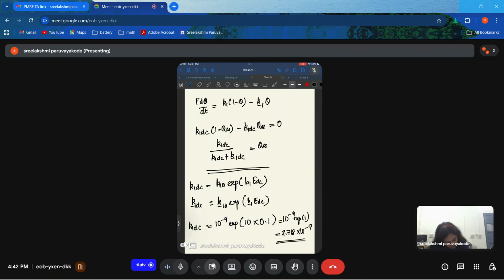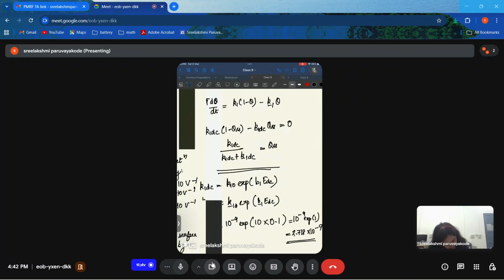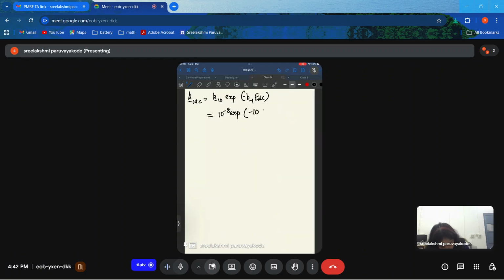So k minus 1 0 equal to 10 to the power minus 8 exponential of minus 10 into 0.1, which is 0.367.